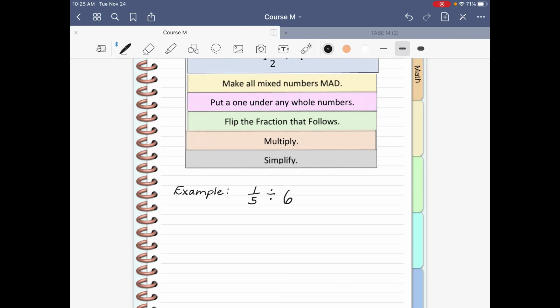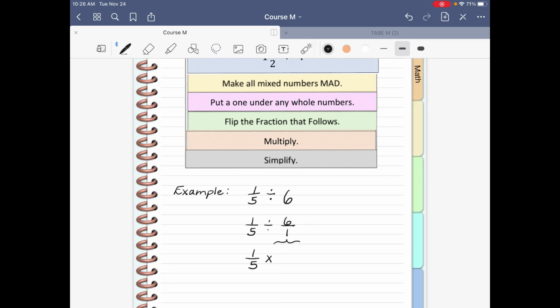So following our process, it says to make all mixed numbers mad. There are no mixed numbers. Okay, so we can move to the second step. Put a 1 under any whole numbers. So let's put a 1 under the 6. Flip the fraction that follows.